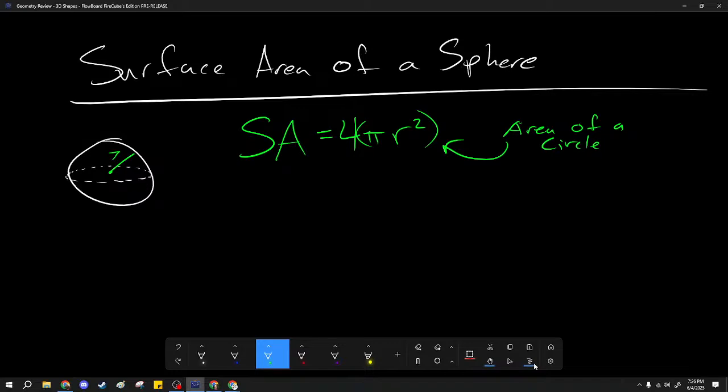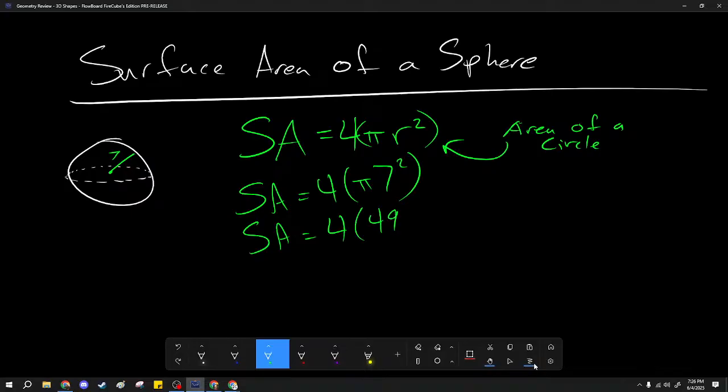So in our case, surface area is equal to 4 times pi times 7 squared. 7 squared is 49. 4 times 49 pi. 4 times 50 would be 200, so surface area would be 196 pi.